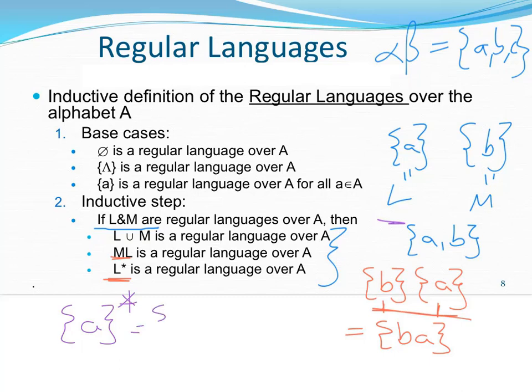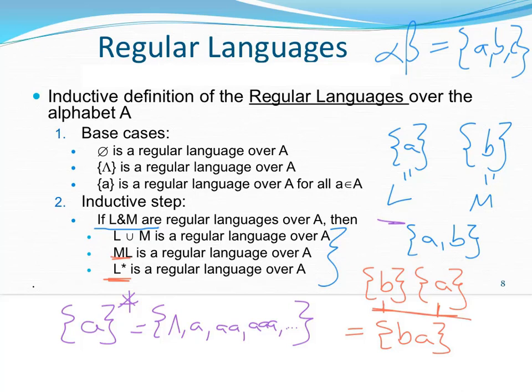And in this case, that means that we get lambda, then A, AA, AAA, and so on, right? And so this set here, well, that's a regular language, okay? So this tells us what languages are regular, and it does it using these pretty simple rules.